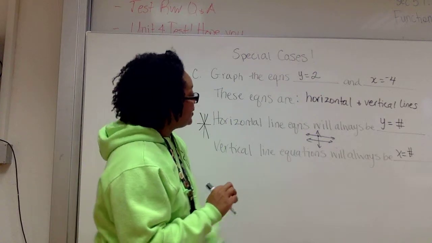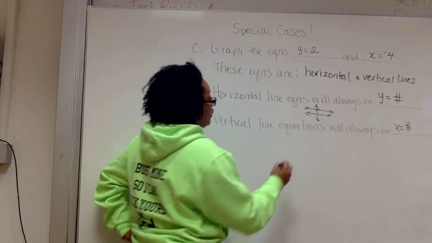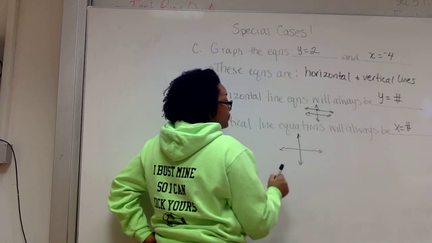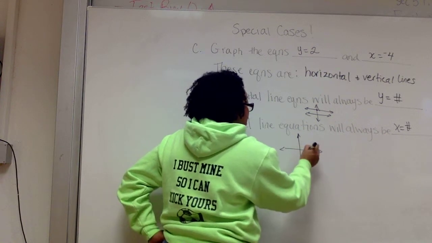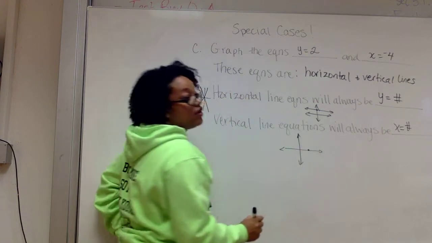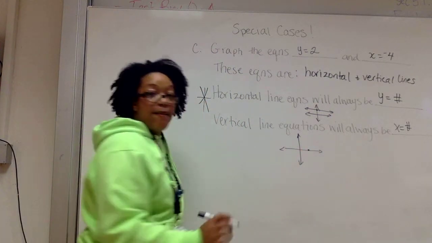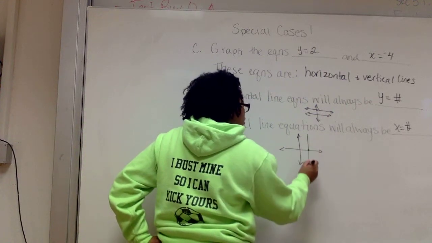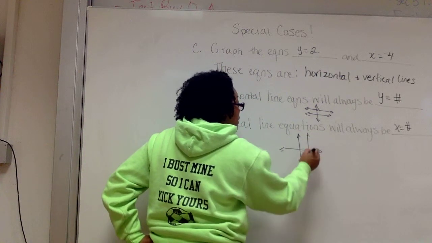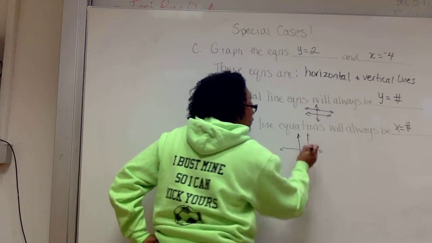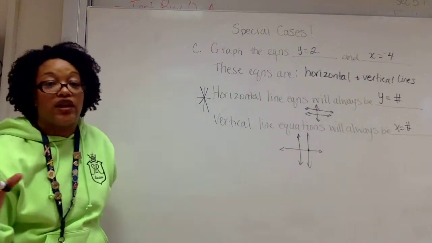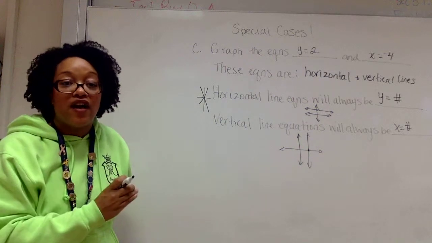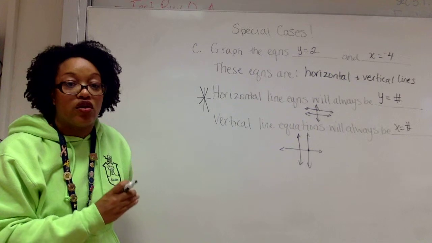And what that equation is saying is, if I have my coordinate plane, if I have a value of x, that value is just going to sit right there for my x, not move to the left, not move to the right, but my y value is going crazy up and down. It can go anywhere it wants to, but it's going to stay right at x equals 5, 10, 20, 30,000, whatever it is. That coordinate, that number will stay the same. That's how you create a vertical line.